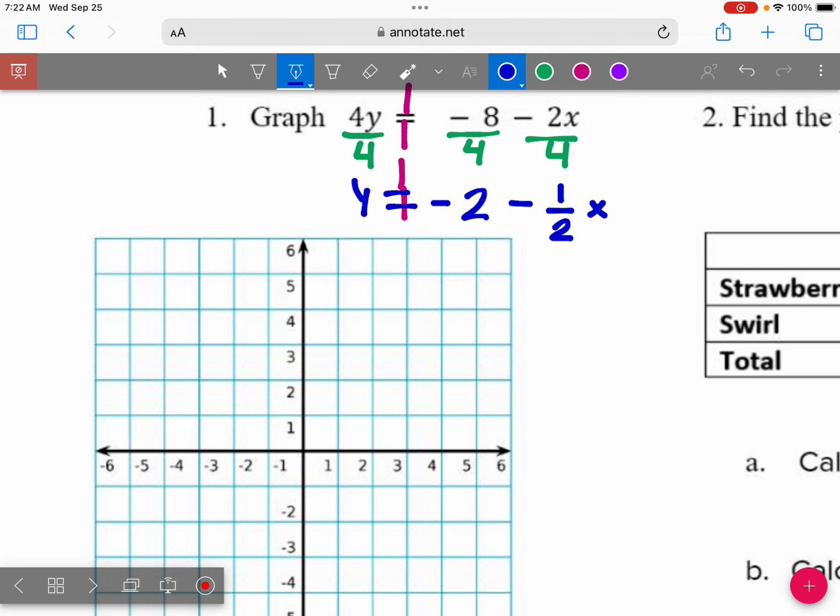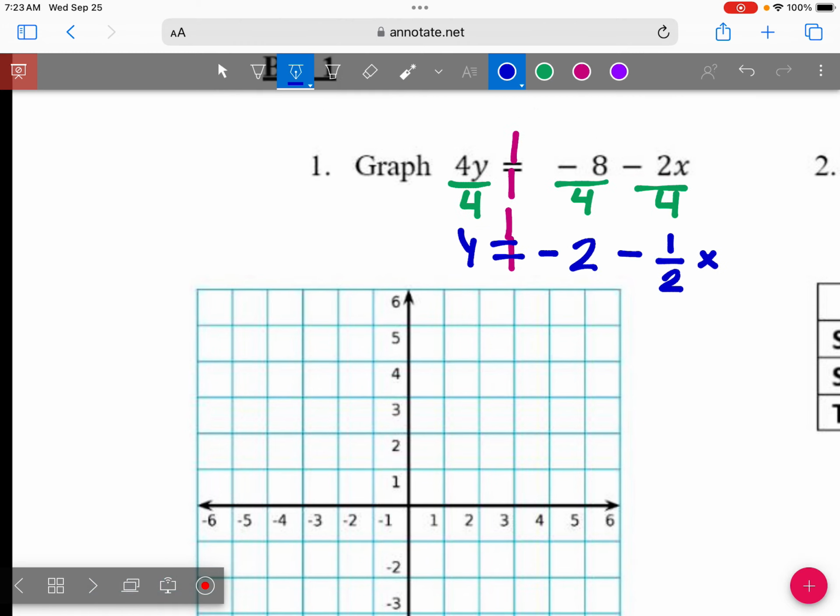So how does dividing by 4 help us? Yeah, we're trying to get this to be y equals mx plus b. So I've got a y equals, what's my m? M is always with the x. Remember, it's mx every time.